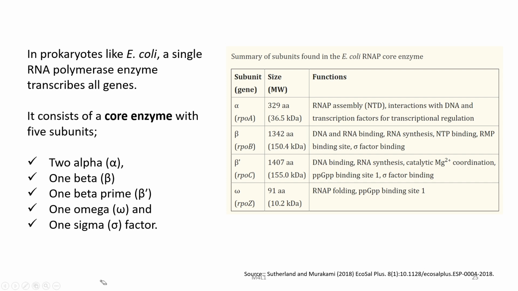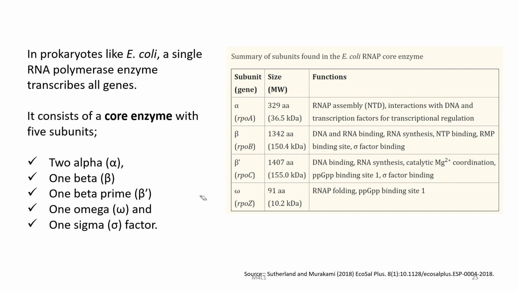So, you can see the molecular size of these different subunits over here. Alpha is around 329 amino acids or 36.5 kilodalton. Beta is 150.4 kilodalton, beta prime is 155 kilodalton, and then omega is around 10.2 kilodalton, and these are the genes which produce these particular subunits of this enzyme.